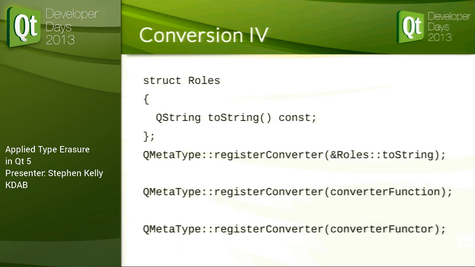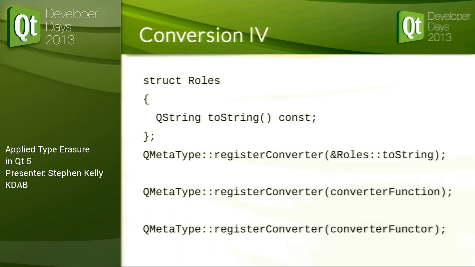So I use registerConverter, and that figures out that the return type is QString, and it sets up a conversion from a Roles instance to a QString using that method. So John's trick from yesterday could benefit from that kind of conversion.